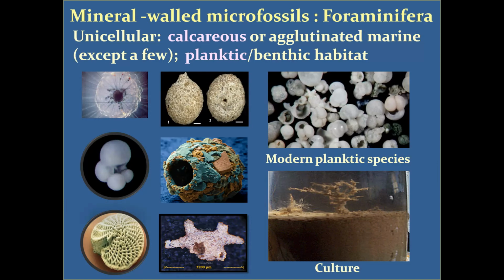Now we will see the important groups of microfossils one by one. The first is Foraminifera, that is a protozoan, unicellular, calcareous or agglutinated. It is marine except a few species in freshwater, and it belongs to both planktic and benthic habitats.